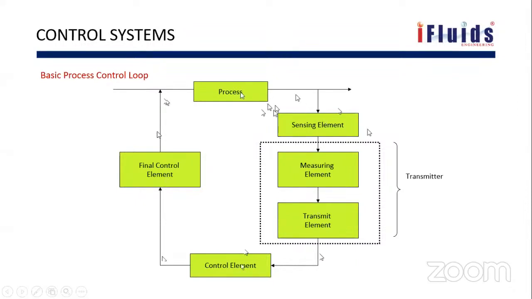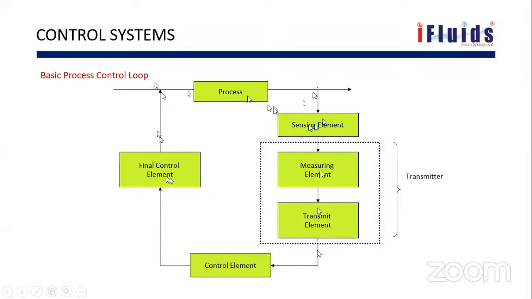the process part of this. So this is a process, flow is coming here. You see the outlet, it may be a PT, FT, TT, anything: temperature, pressure, flow sensing element.